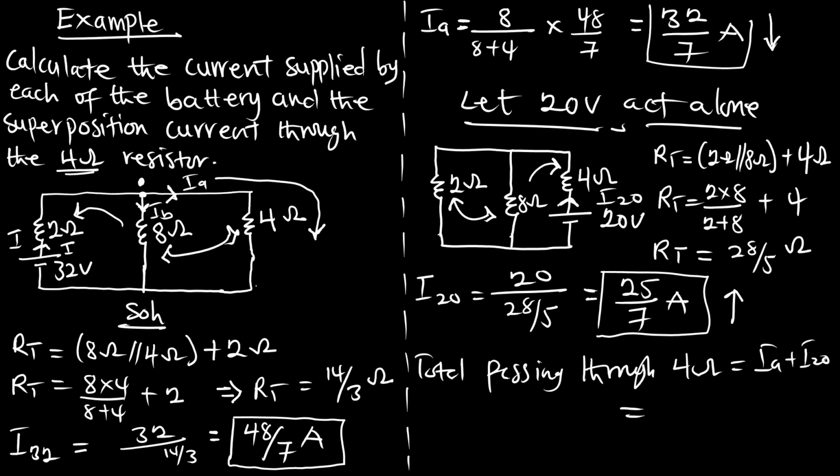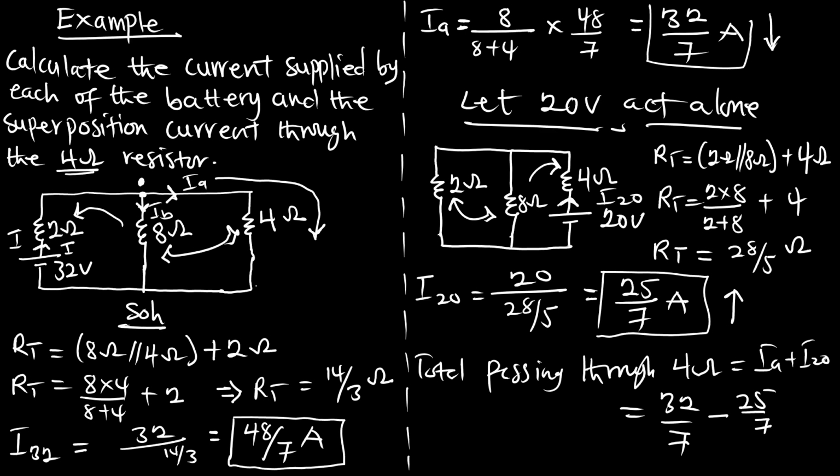Now I will consider the IA to be positive because it is coming down for me. I will consider it positive, which is 32 on 7, and consider the I20 passing through the 4 as negative, which is also going to be 25 on 7.